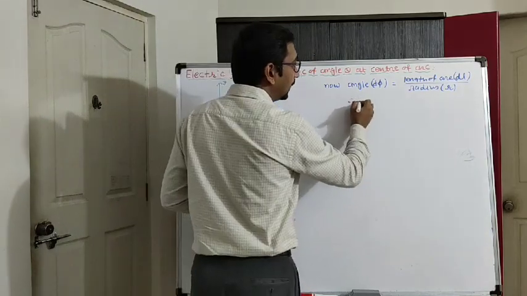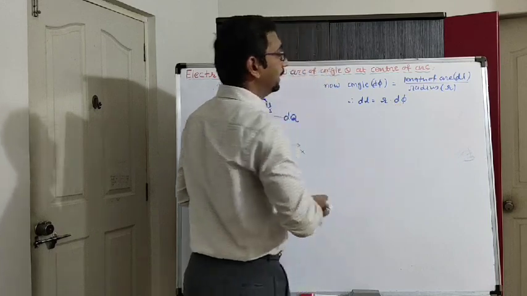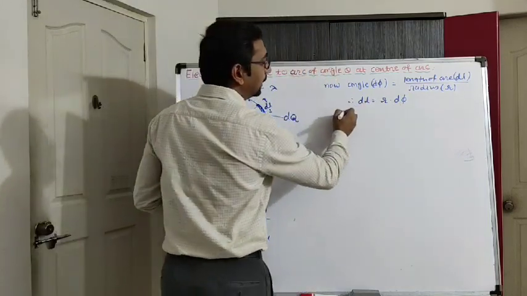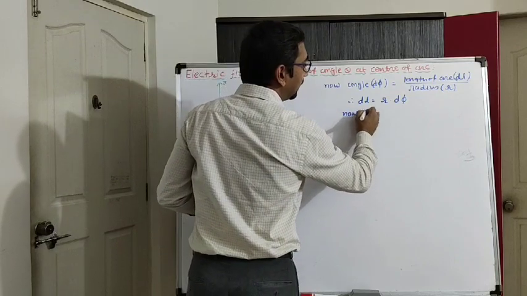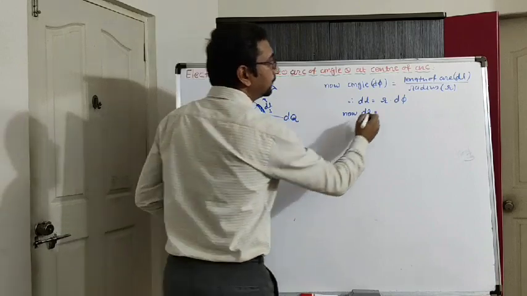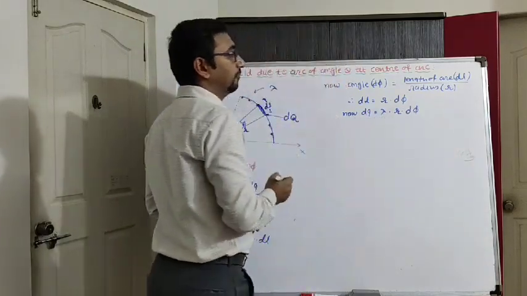So dl will be equal to r into d phi. If we substitute this value, dq will become lambda into r d phi.